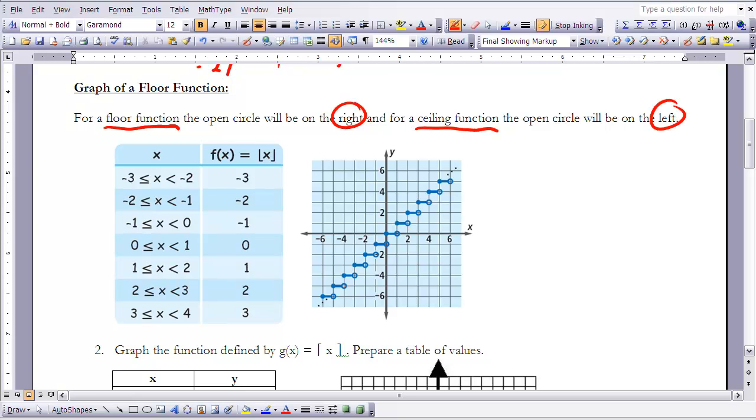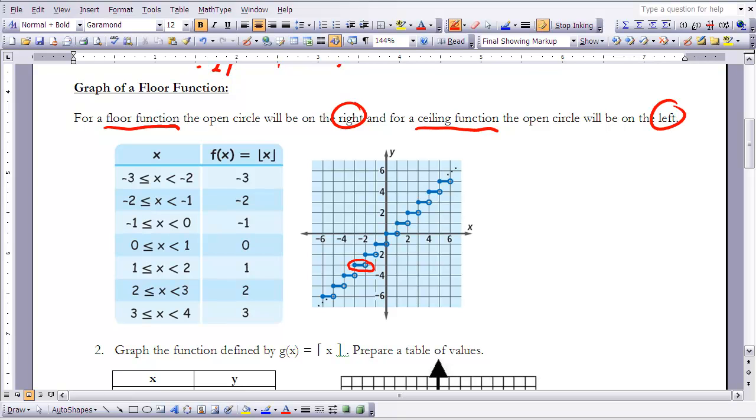Therefore, the value of the function is negative 3 for every value between, so graphically it's a horizontal line going from negative 3 all the way over to negative 2. It's an open circle at negative 2 because as soon as we hit negative 2, the graph jumps up to the next step. That's why with the floor function, the open circle is always on the right-hand side.